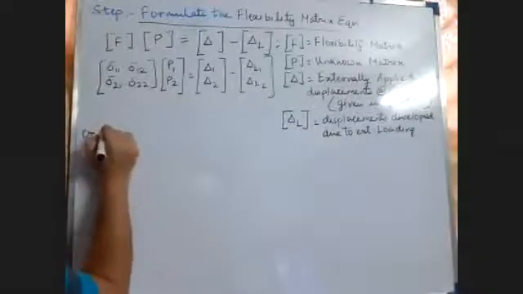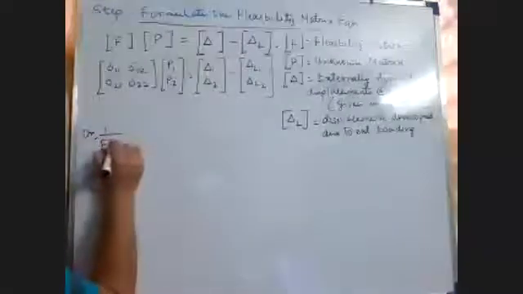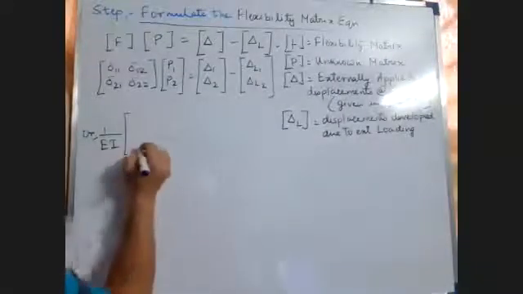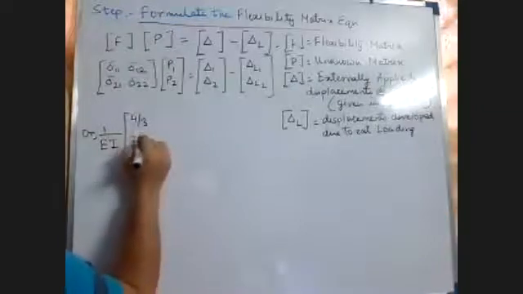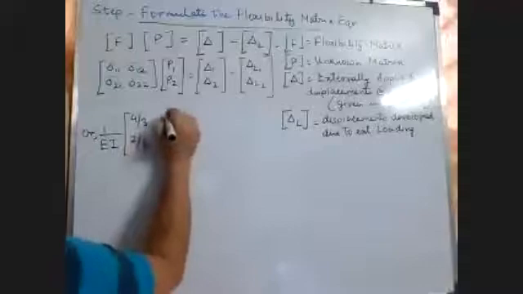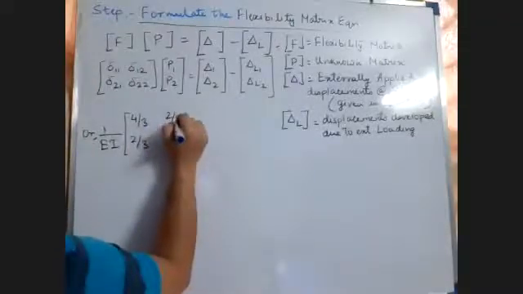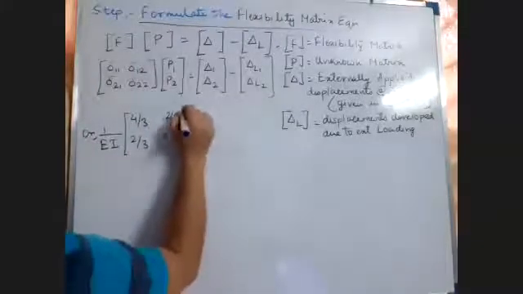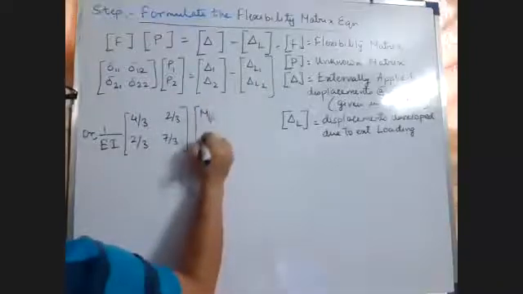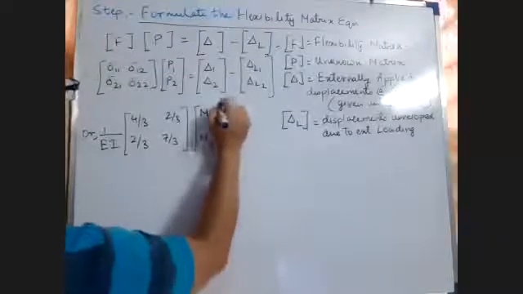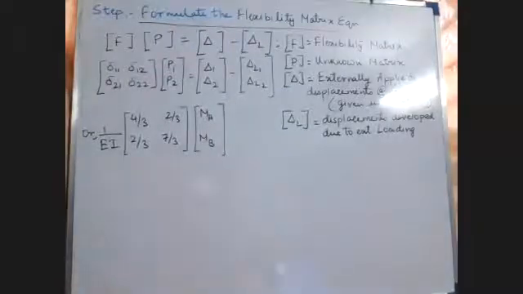If I take 1 by EI common outside, delta 11 will be 4 by 3. Just we will put the values here. This matrix into MA, MB. Now the two unknown parameters are MA and MB.